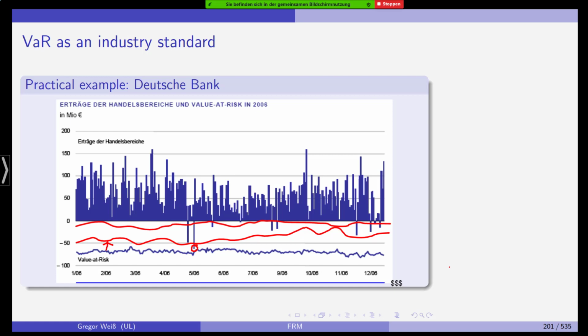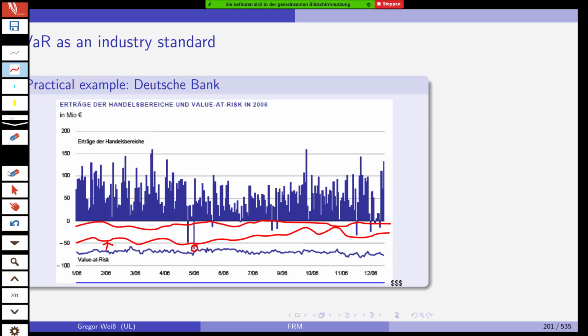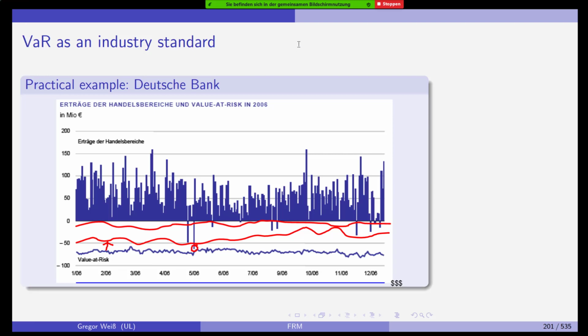And now you can already see how to backtest these models. You have to check for the VaR exceedances, and you have to check for two things. First of all, you have to check for the correct number of VaR exceedances. Let's say you have 100 days and you're looking at the 5% VaR, then obviously you would expect around 5 exceedances in a year or in this period.